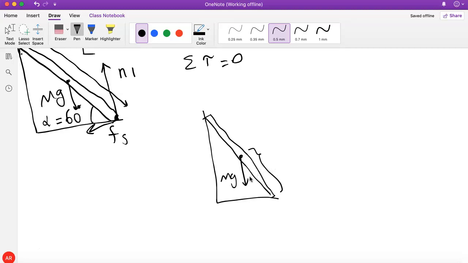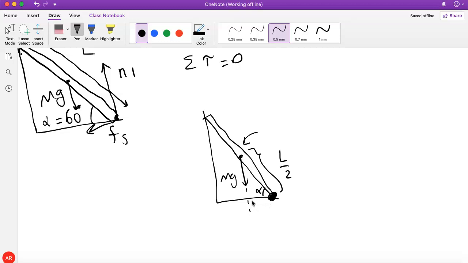The length of the ladder is L. It's at the center of mass, so in the middle, so that length must be L over 2. This angle we called alpha. So I'm writing the torque around this axis here. It's going to be a counterclockwise torque around this axis. It wants to rotate it this way.